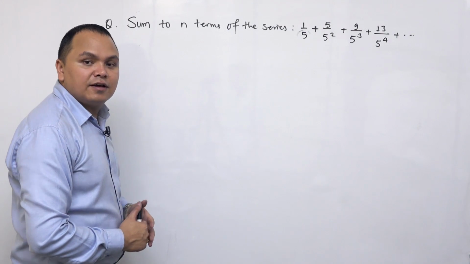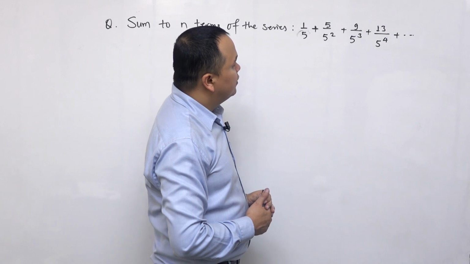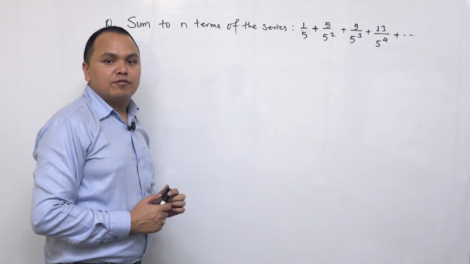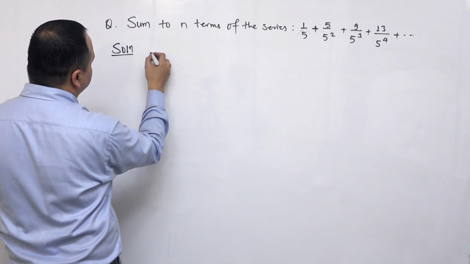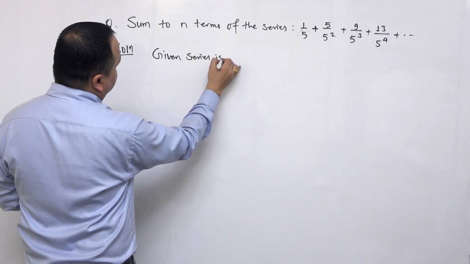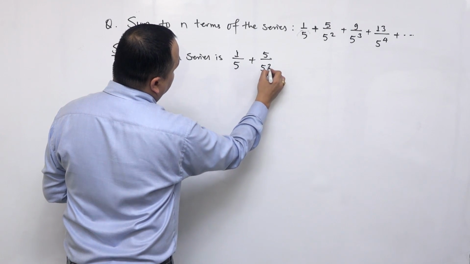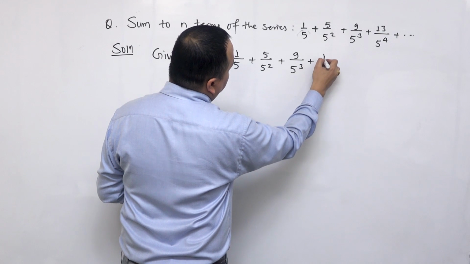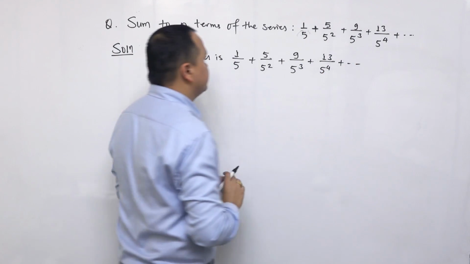Sum to n terms of the series 1 upon 5 plus 5 upon 5 square plus 9 upon 5 cube plus 13 upon 5 to the power 4 plus dot dot dot. So its solution: the given series is 1 upon 5 plus 5 upon 5 square, 9 upon 5 cube, 13 upon 5 to the power 4 plus dot dot dot.